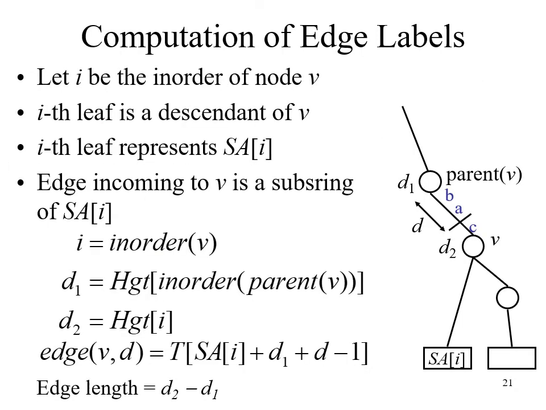And next, how to represent the edge labels. Let I be the in-order of node V. Then the ith leaf is a descendant of V, because this node has in-order I, and it corresponds to the ith leaf.